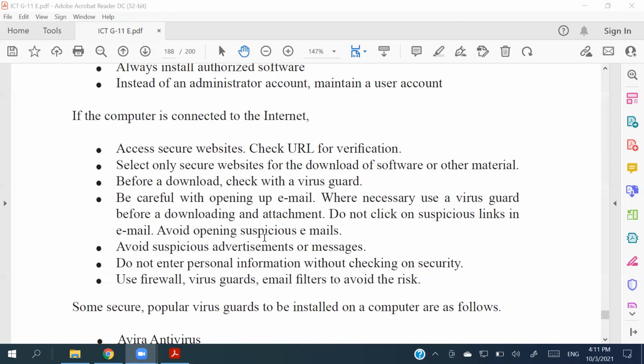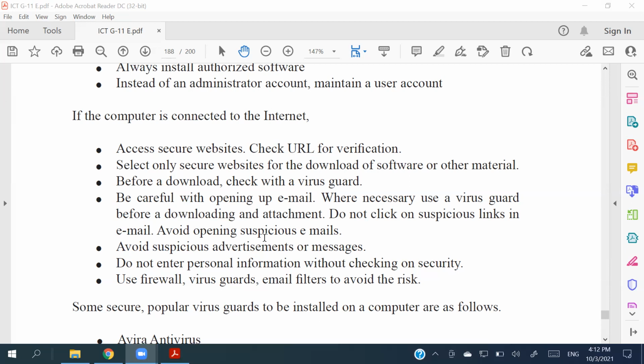And about opening emails, if you really don't know who the sender is, do not open the emails, right? And you can delete any spam emails or any suspicious ones. And you can use firewalls, virus guards, and email filters to avoid these risks, right?